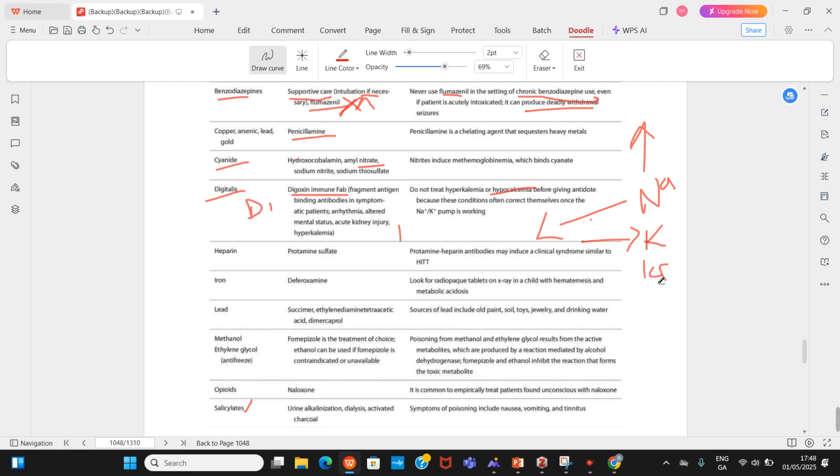So if that enzyme has been inhibited by digoxin, you can no longer pump sodium outside. So you have a lot of intracellular sodium. And you will not be able to pump potassium inside. You have a lot of extracellular potassium. So this person is going to have hyper or hypokalemia? Anybody? Hyperkalemia. So there's going to be hyperkalemia.